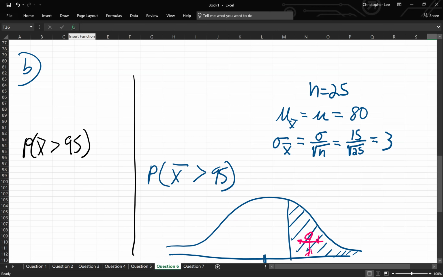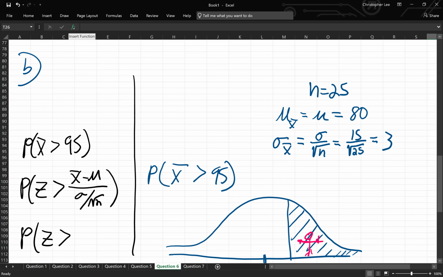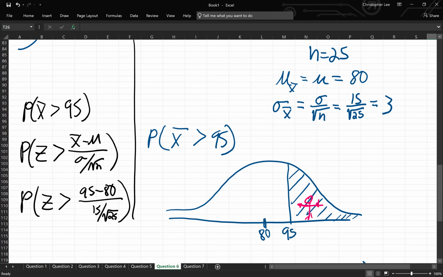So this is going to become the probability of Z greater than X bar minus mu over sigma over the square root of N. Just plug in the numbers. Very simple. You have everything. This becomes the probability of Z greater than 95 minus 80 over the standard deviation, which is 15, over the square root of 25.